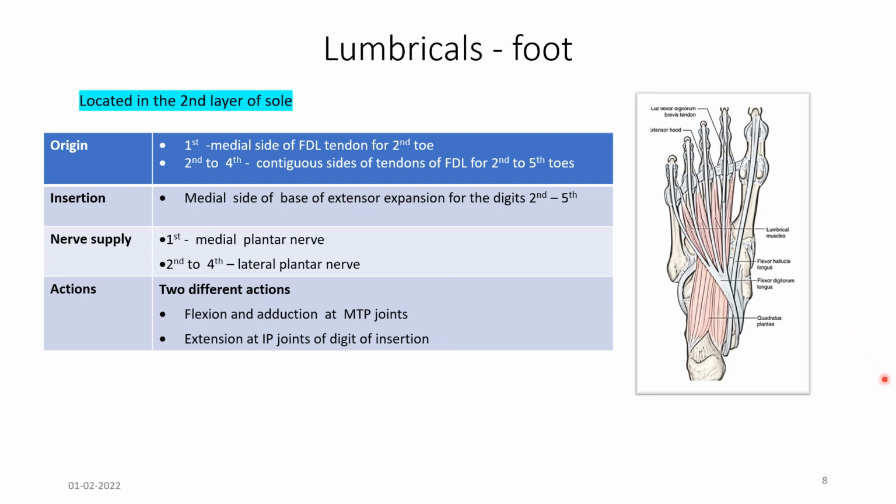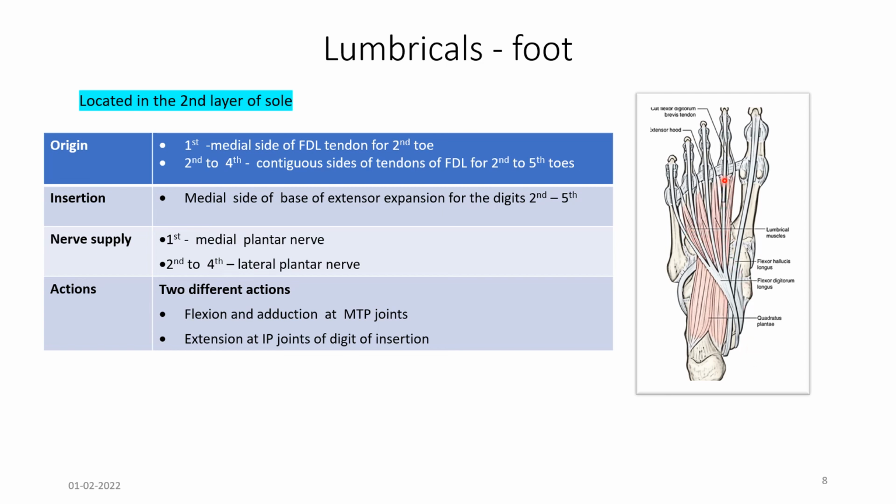Compare this with the palm. The lumbricals in the palm, first and second have a single head of origin, whereas the third and fourth have origin from the contiguous tendons. Here only the first one has a single slip of origin, whereas the other 3 have dual slips of origin.